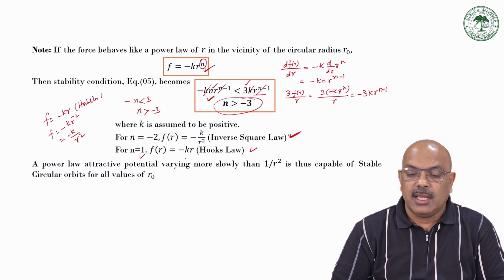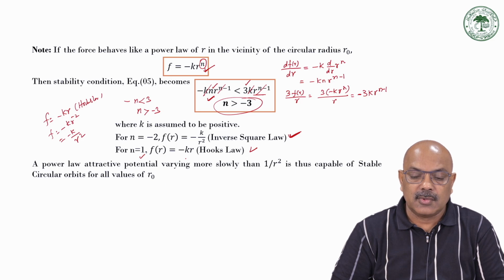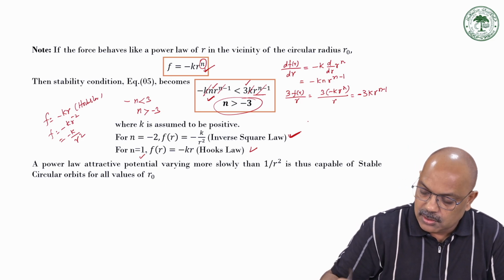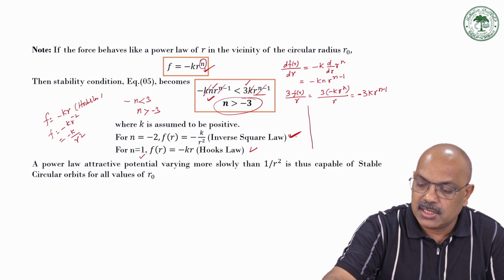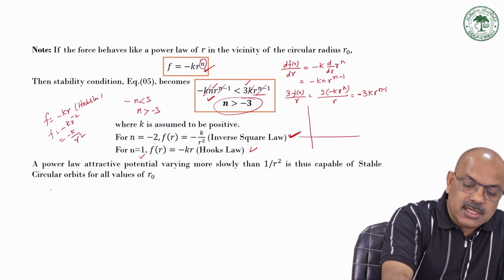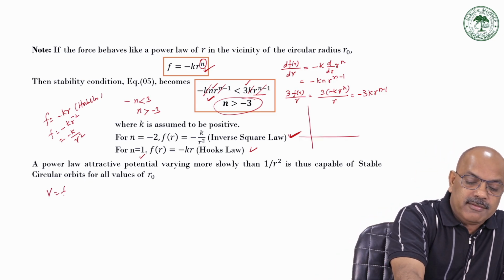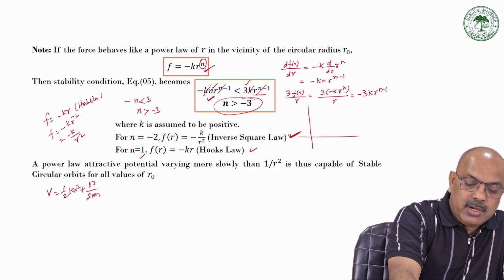Okay, and also, in the case of Hooke's law, you have seen that the potential was half kx square plus L square by twice m r square.